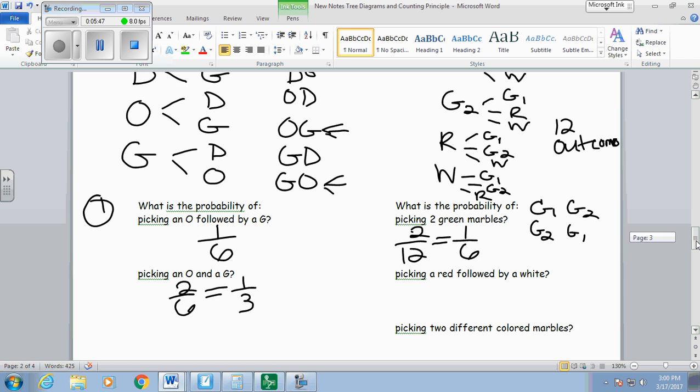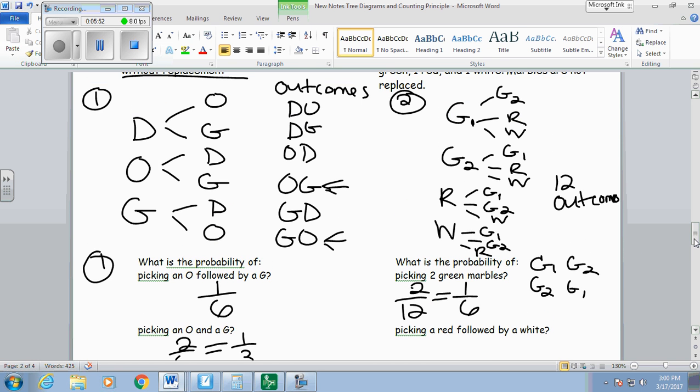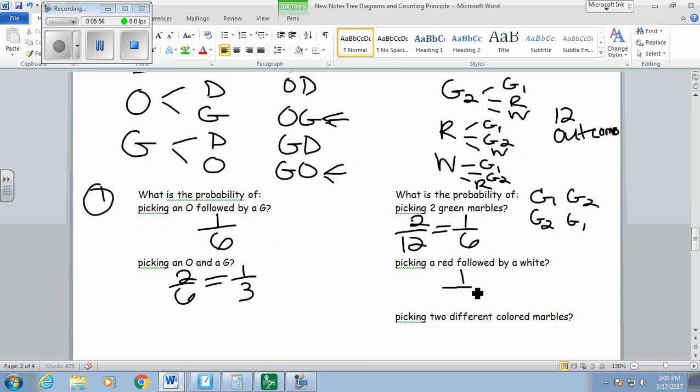And then what's the probability of picking a red followed by a white? Well, looking at my list, I only have 1 red marble and 1 white marble, so that's only a 1 out of 12 chance of happening. And then picking 2 different colored marbles.